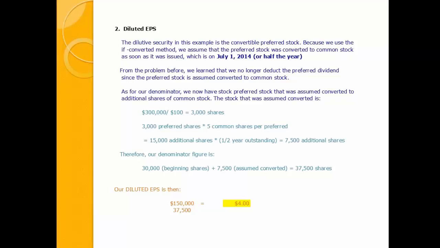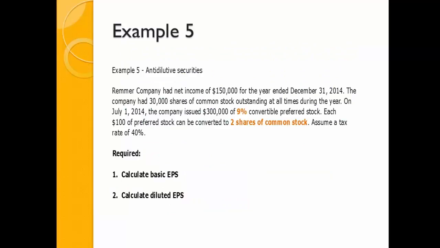So we want to take out the preferred dividends before we consider what's left over for common stock shareholders. But again, preferred stock dividends have no tax effect. They're paid on after-tax income, so there is no tax effect. Therefore, we are not considering the tax when it comes to the preferred stock.